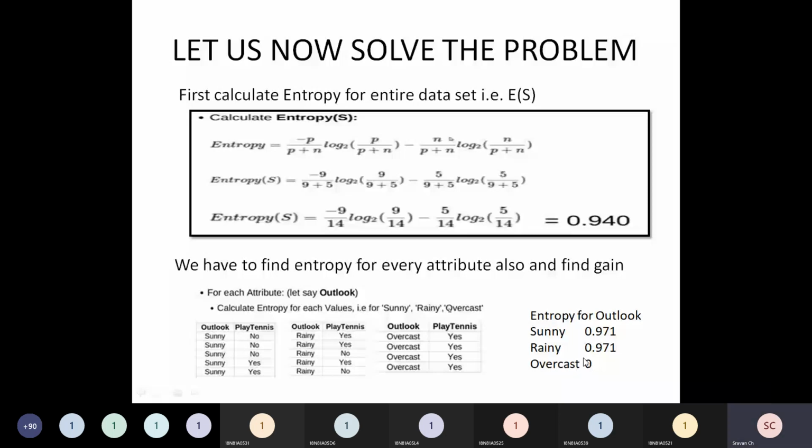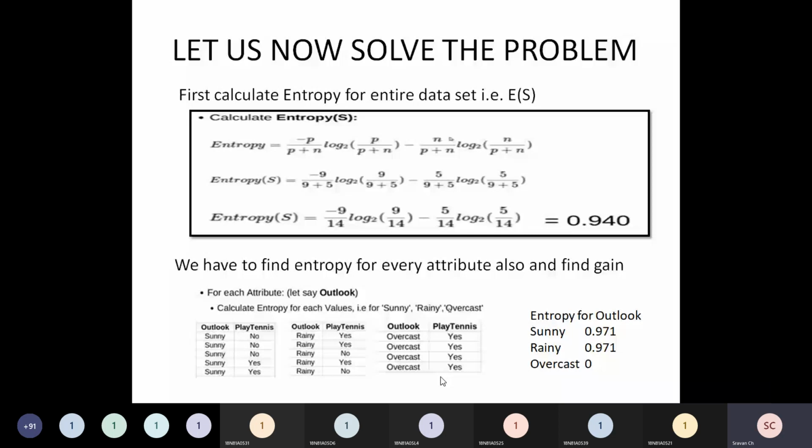Coming to the third one, I have a total of 4 records, but I will not put it in the formula because I remember that if all examples belong to the same class, either positive or negative, entropy will be 0. So I can straight away write entropy as 0.